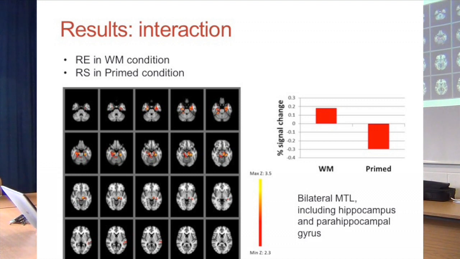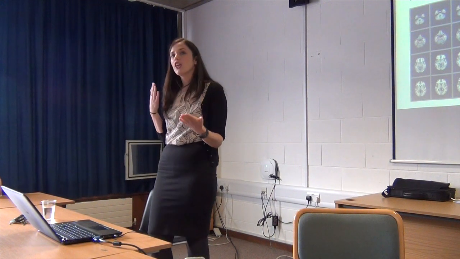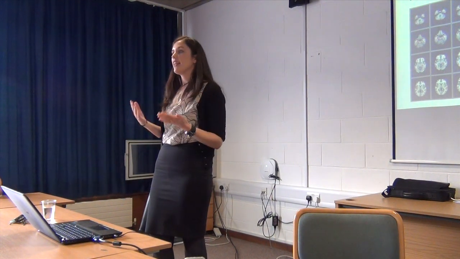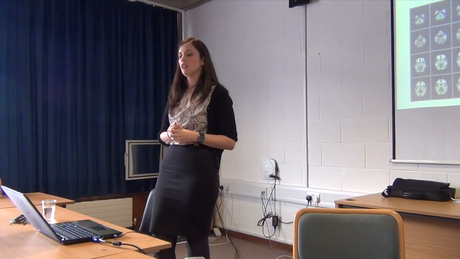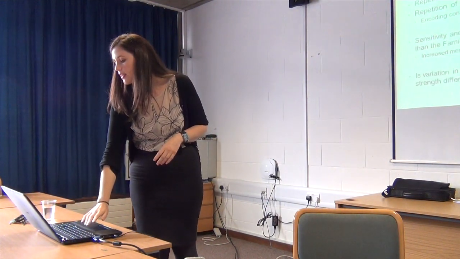And what we find is that in regions of the bilateral medial temporal lobe, so including the hippocampus and the parahippocampal gyrus, we see repetition enhancement in the working memory condition and repetition suppression in the primed condition, and this is a really interesting result. So we're seeing that yes, we can distinguish repetition effects depending on a mnemonic context, on prior mnemonic experience.